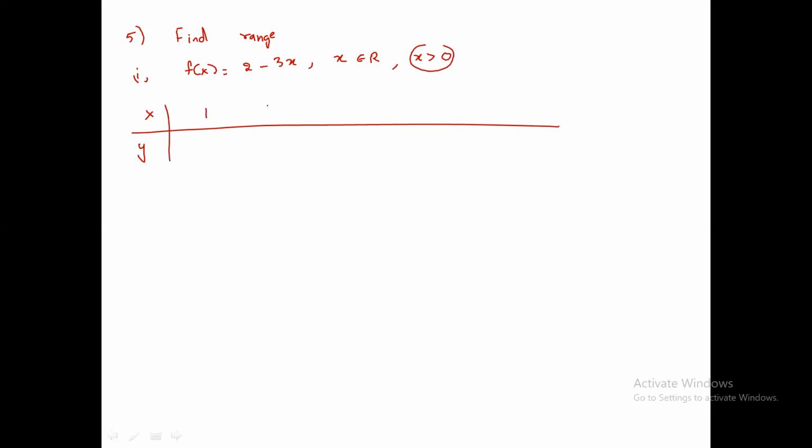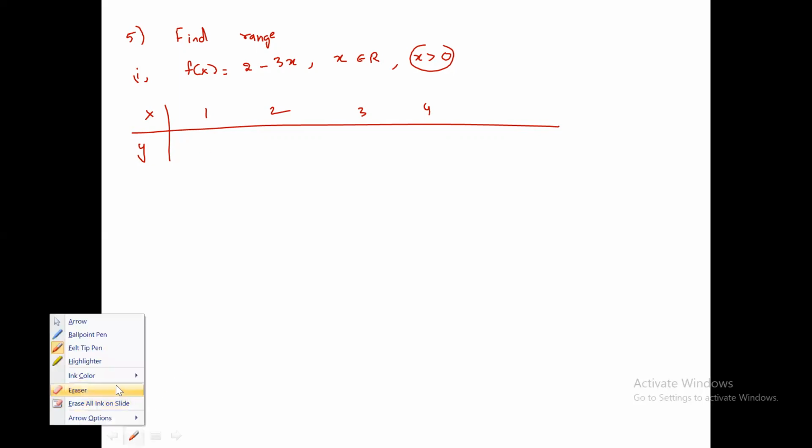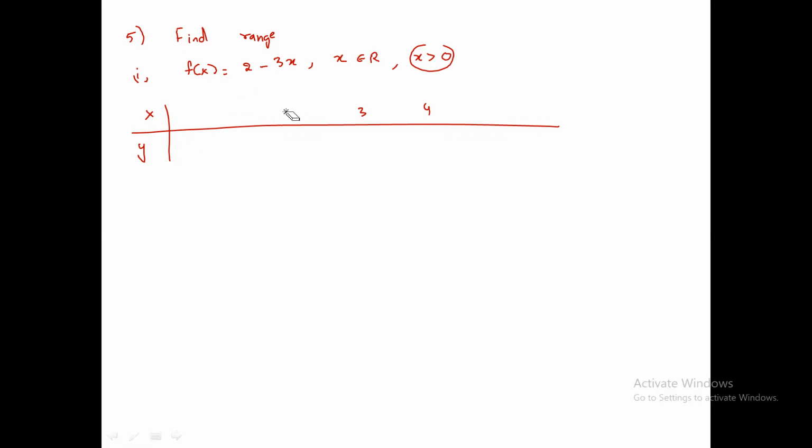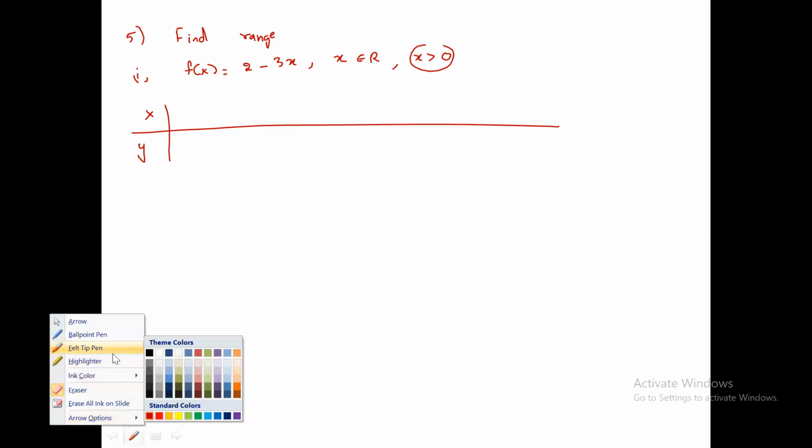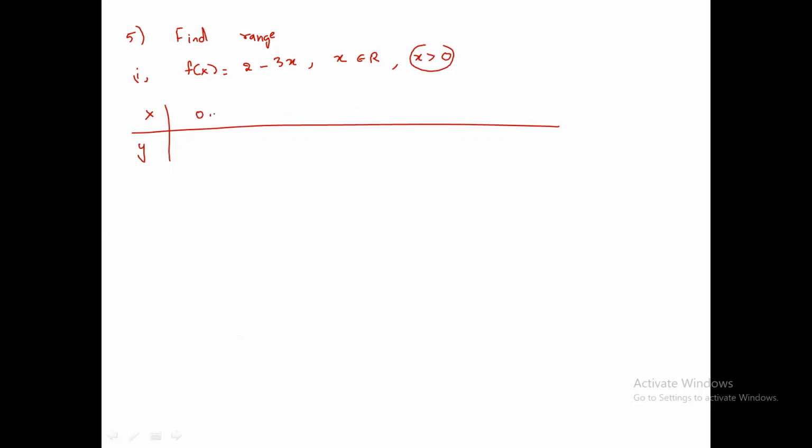That means x you will take 1, 2, 3, 4 like that. If you put x as 1, what will be y? Actually, greater than 0 means you can still take numbers like this. What are the numbers greater than 0? You can start with 0.1, 0.2, 0.4, something like that you can go.